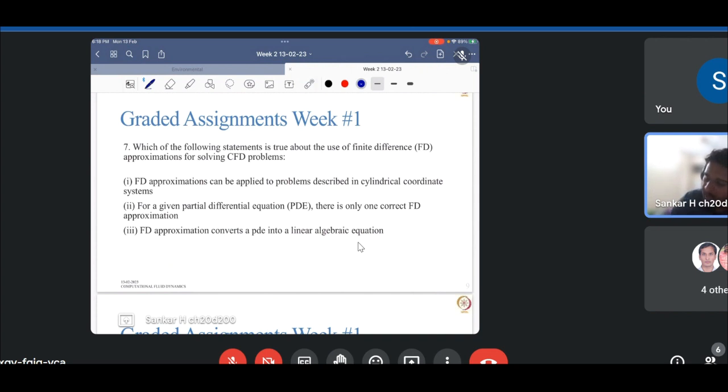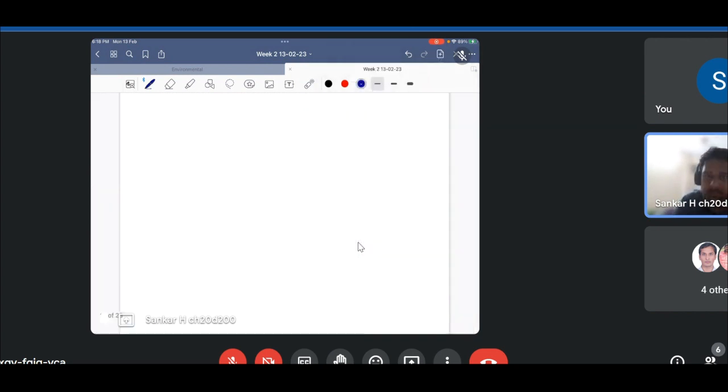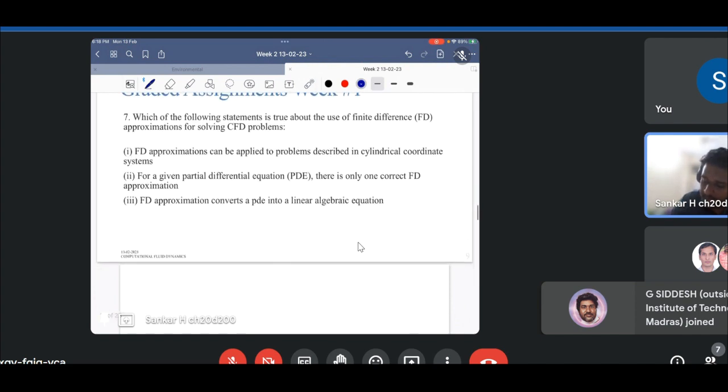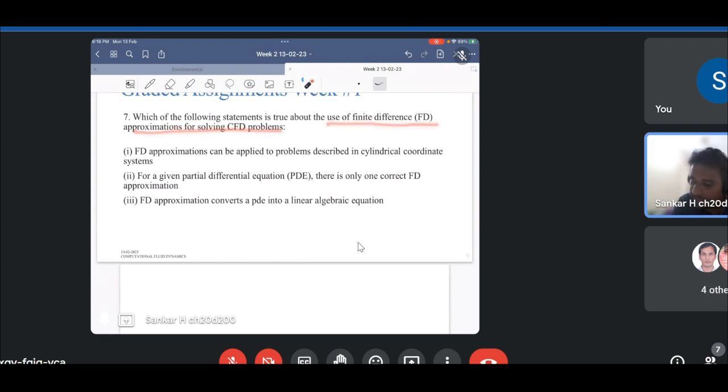Moving on to the next question, where we have questions about the use of finite difference approximation for solving CFD problems. The first statement is that finite difference approximation can be applied to problems described in cylindrical systems. Is that true or false?